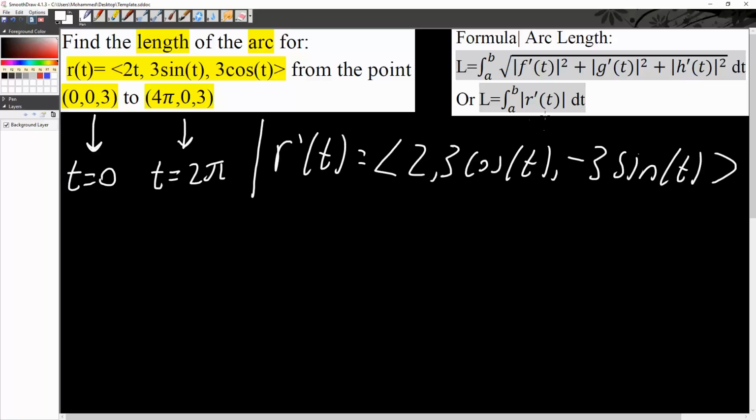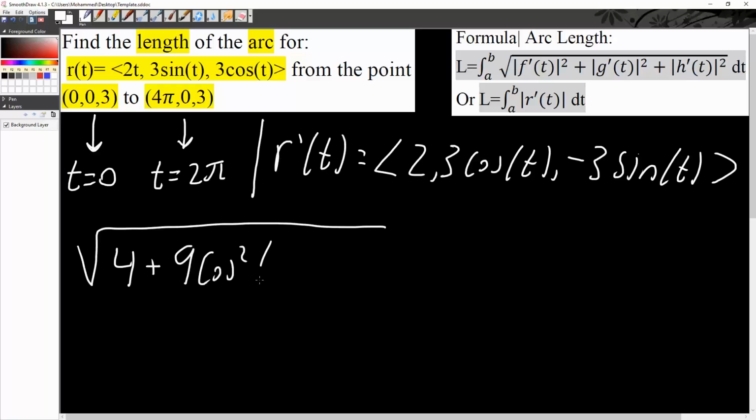And now we want to get the magnitude, or norm. And so what we do here is we do the square root of each term, we square it. So 2, we would have 2 squared, so 4, plus 3 cosine t, we square it. So we get 9 cosine squared t, plus negative 3 sine t, we square it, so we get 9 sine squared t.